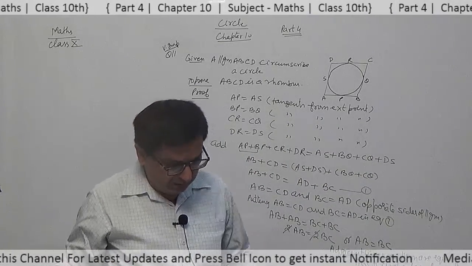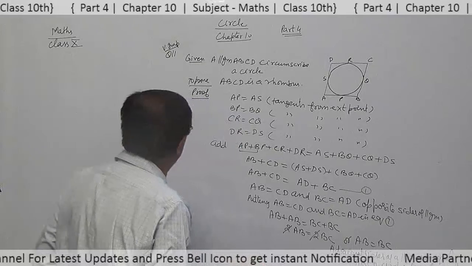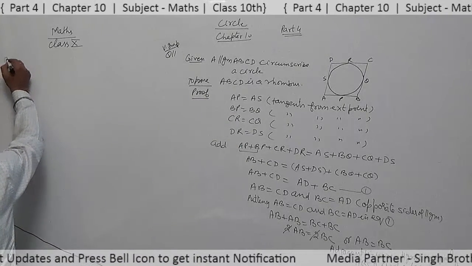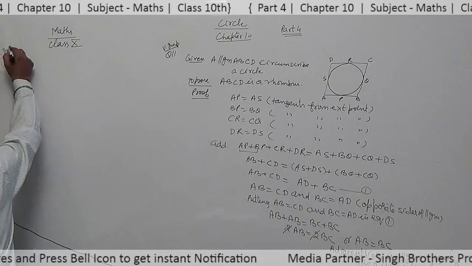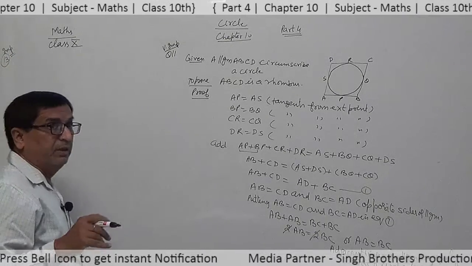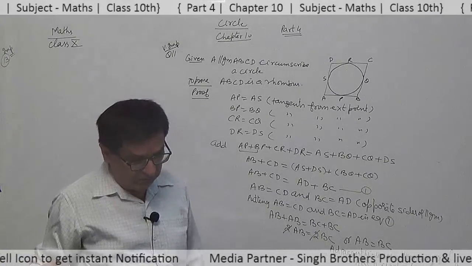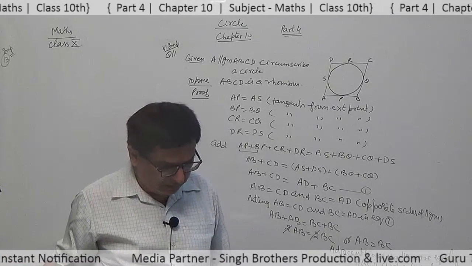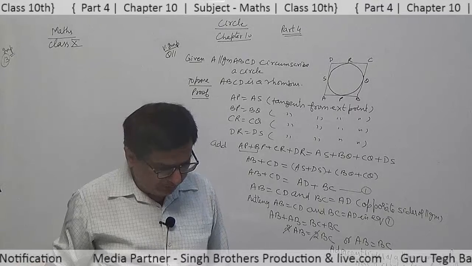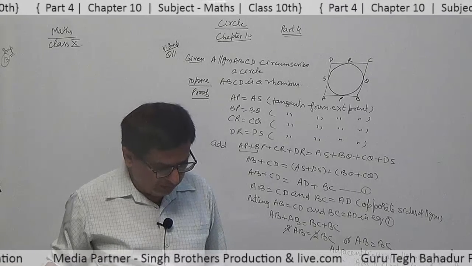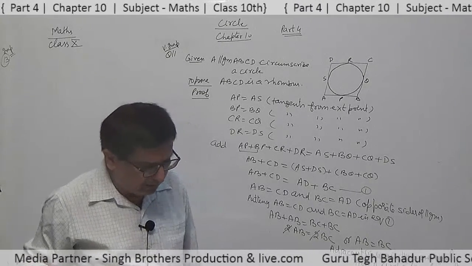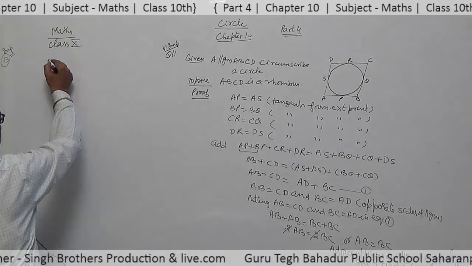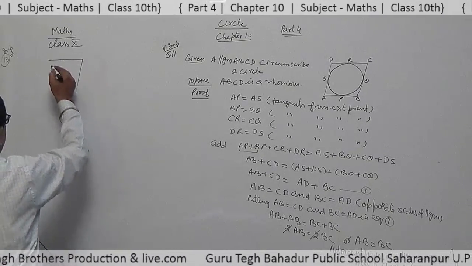Now see question number 13. It is also a very important question. Opposite sides of a quadrilateral circumscribed about a circle subtend supplementary angles at the center of the circle. This is your quadrilateral.